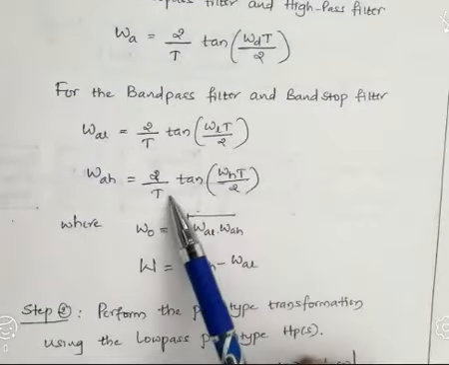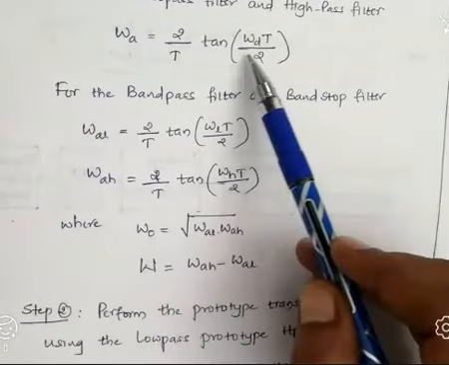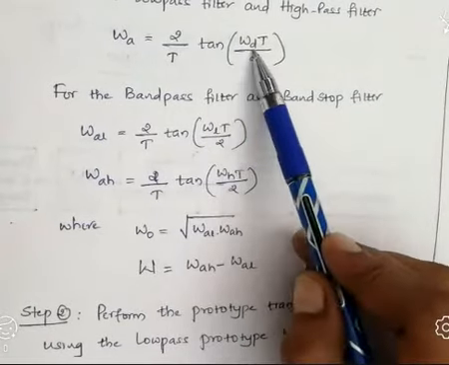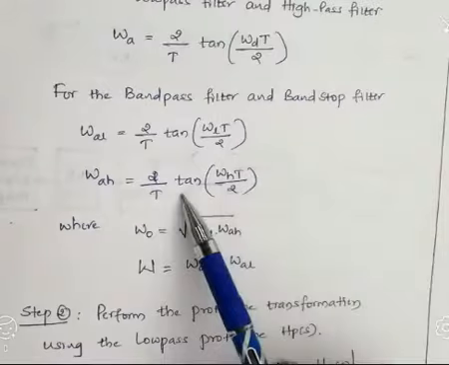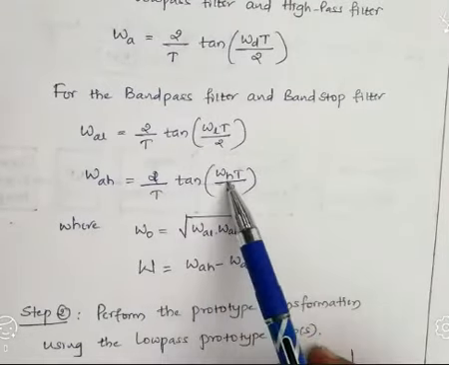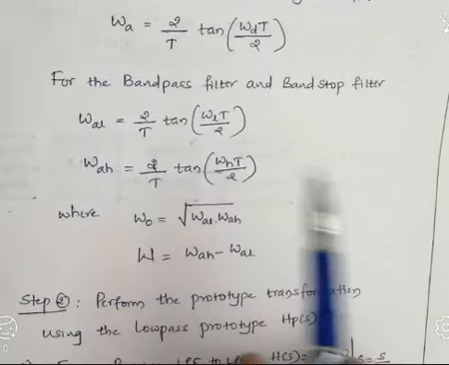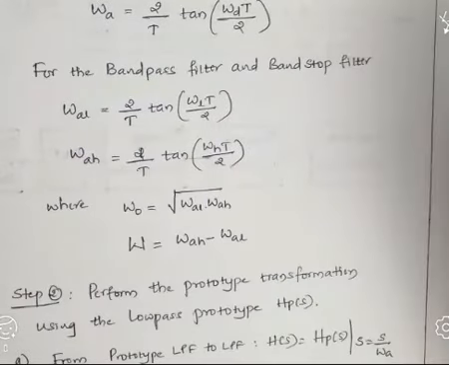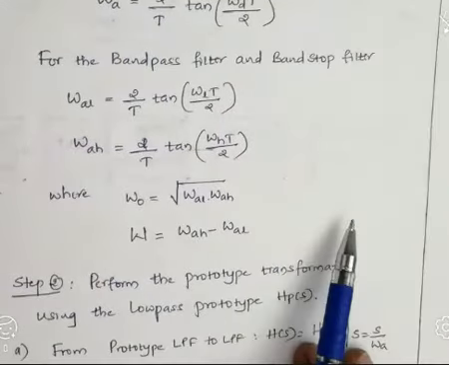In the previous case, for low pass and high pass, I mentioned the desired frequency, but in the case of band pass and band stop, I represented it as lower as well as higher. We calculated the lower and higher frequencies of the band pass as well as band stop filter. Then how to convert? We'll discuss in the coming steps.